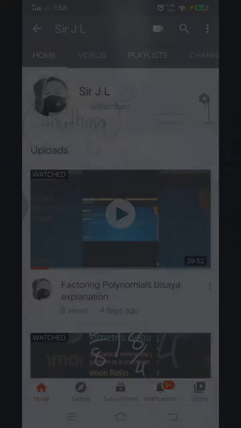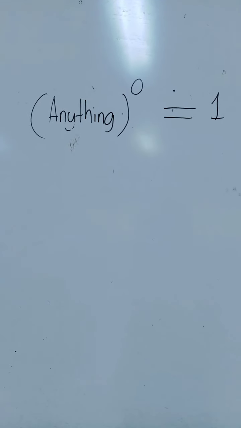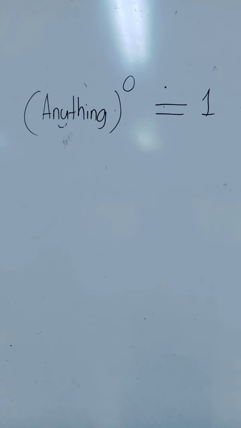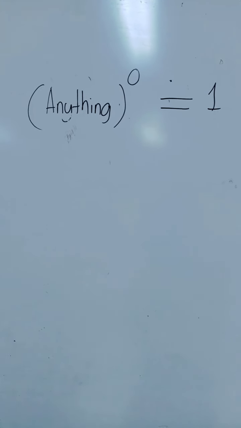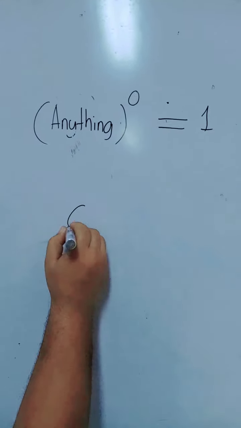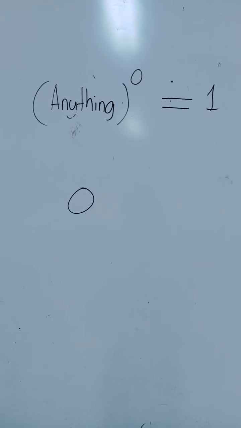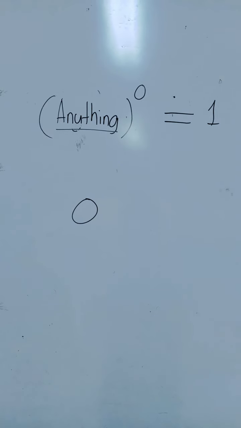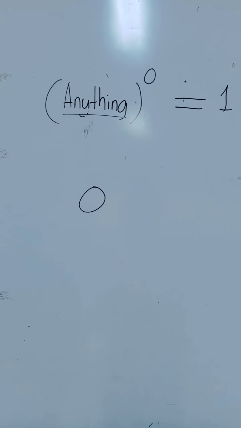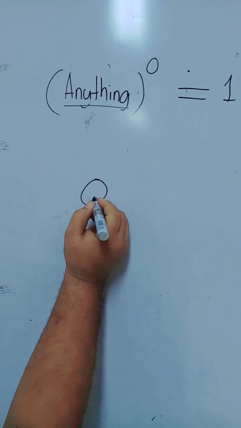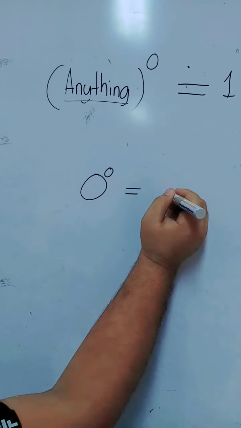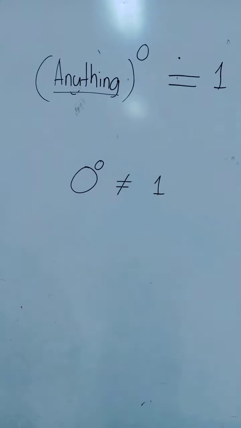Okay, now, when you say anything, that is all, right? But what about this counter example? What about 0? When you say 0, that is also part of what we call anything. 0 is part of anything, right? But when you try to raise 0 to the 0 power, that is not equal to 1.